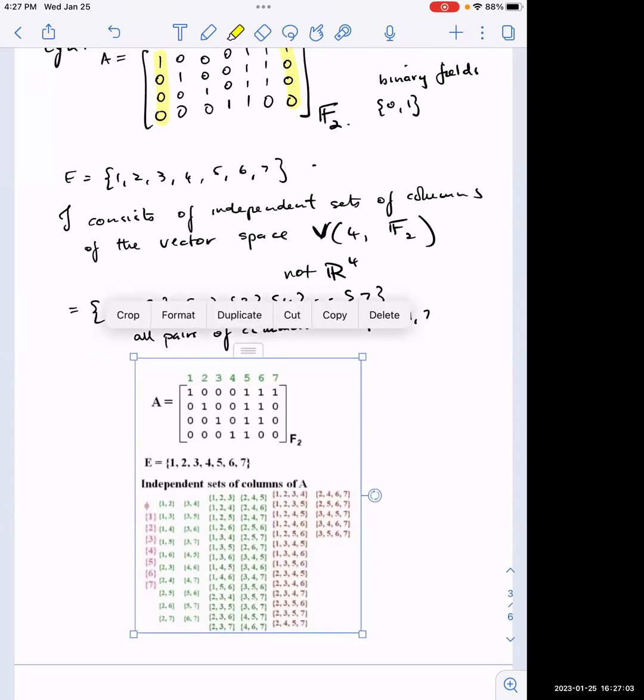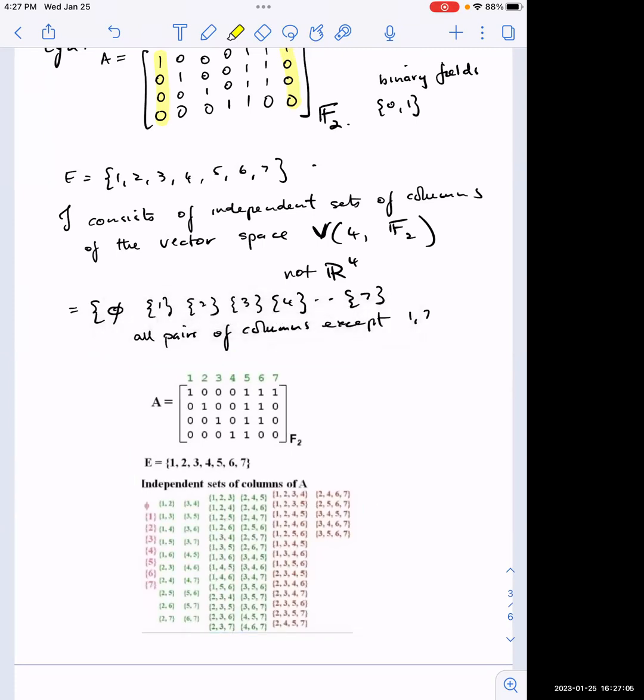It does help to have a computational perspective to play with lots of examples. So if you have to think about what are the independent sets of columns here, it's not practical to compute anything in this area by hand. I mean, you could, but you can use software to get it.